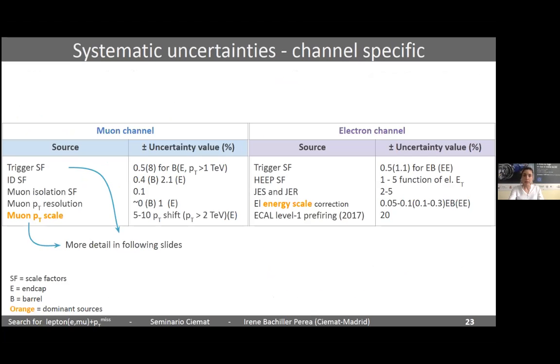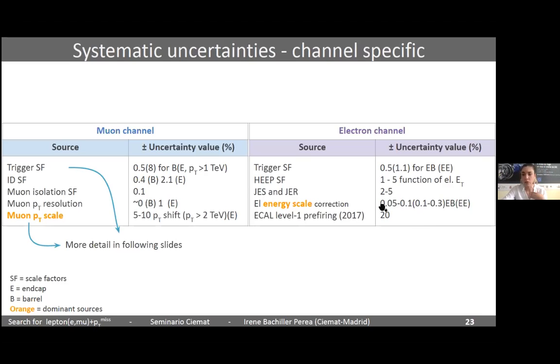But the electron data is already corrected. So these uncertainty values look small, but it's already the uncertainty of the correction. So if you apply the correction and then the uncertainty, you get that this is actually one of the main sources as well.